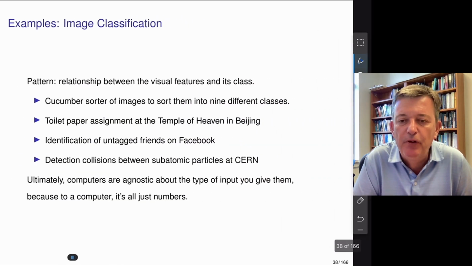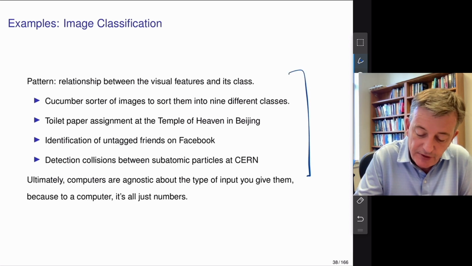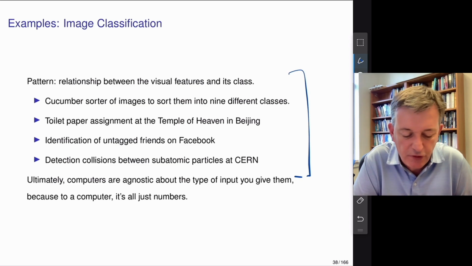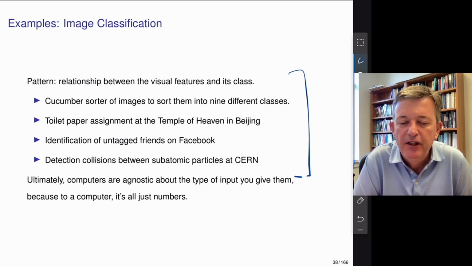And again, if you look in the book, I think is it chapter 2 of AIQ, James and myself go over a bunch of what seem like disparate examples, and you just realize that they're all sort of deep learning image processing examples. So all the way from cucumber sorting to looking at images in CERN trying to find subatomic particles.